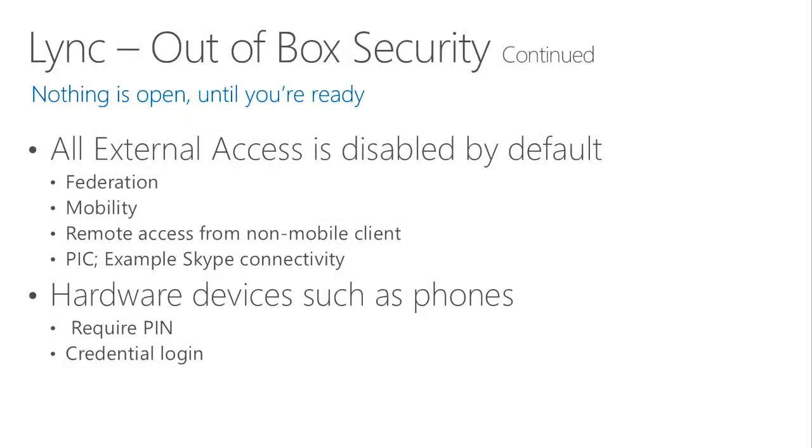All external access is disabled by default. We publish it out: federation, lookup, mobility, external access, whatever you want to call it. Public IM connectivity services, all off. You decide whether this is beneficial to your organization or not. Whatever your company is comfortable with from a security standpoint typically drives what we're going to deploy and how we're going to leverage it.